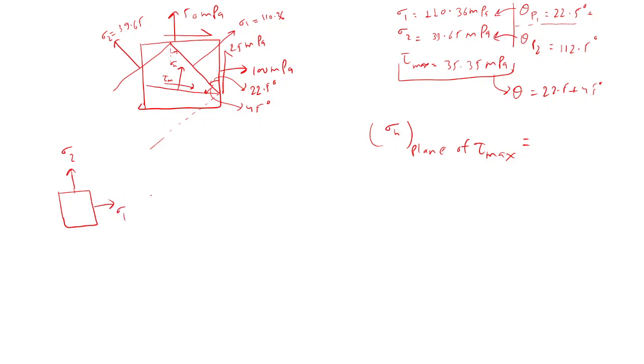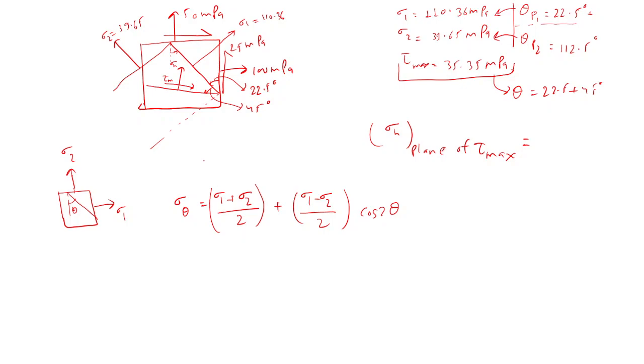So in terms of sigma 1 and sigma 2, what would be the formula of sigma theta? At any theta, this would be the sigma theta.